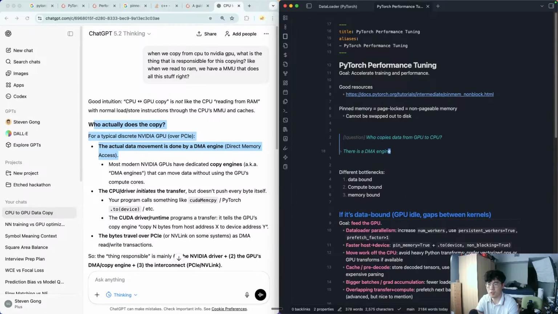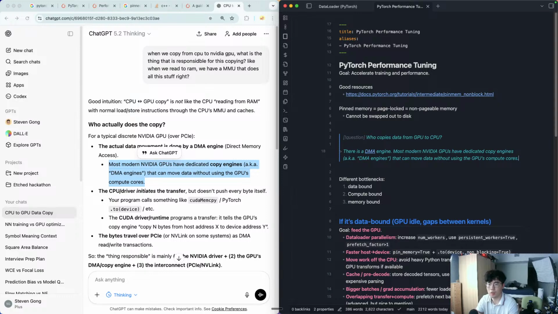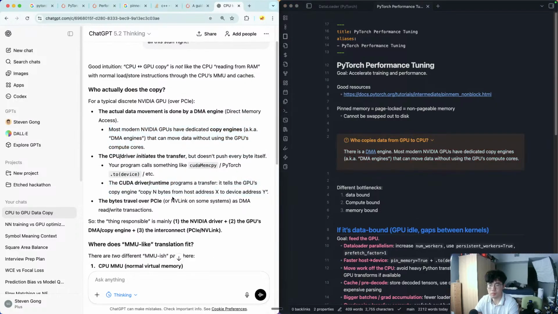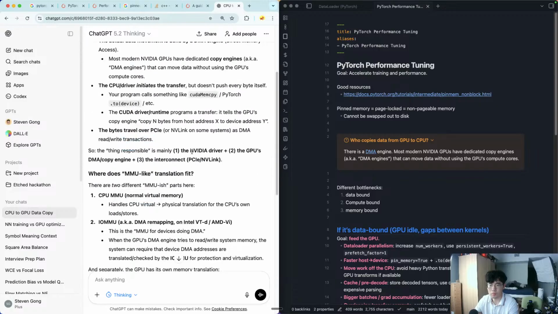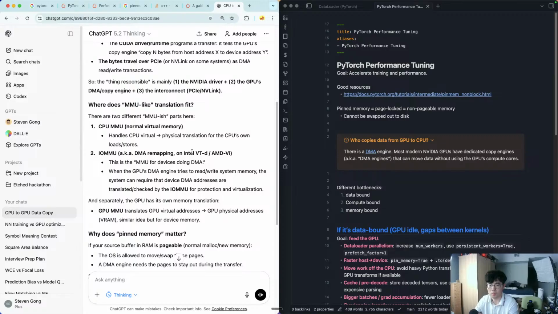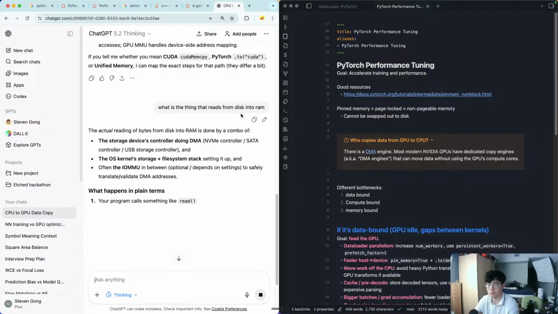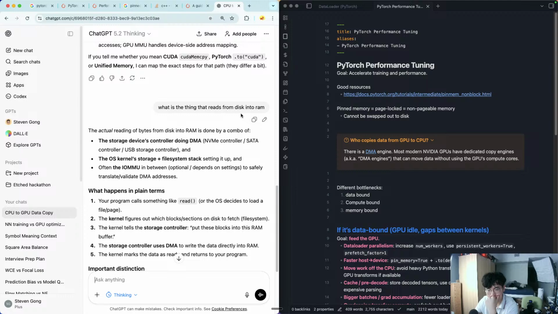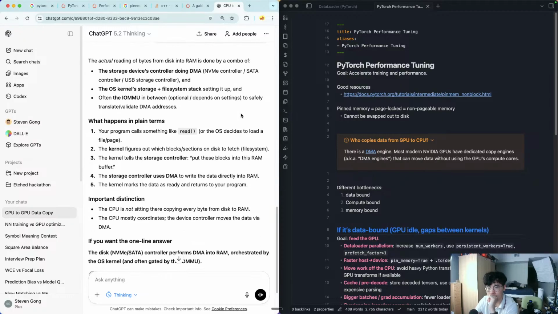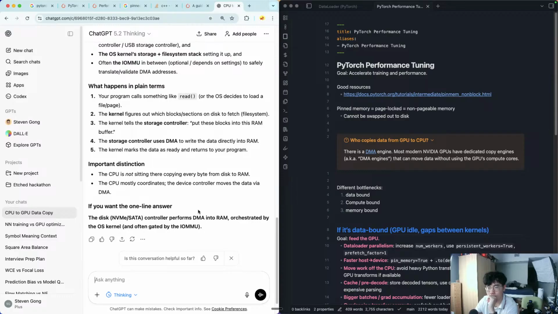It's a DMA engine. The storage controller. And it's interrupt driven, right?